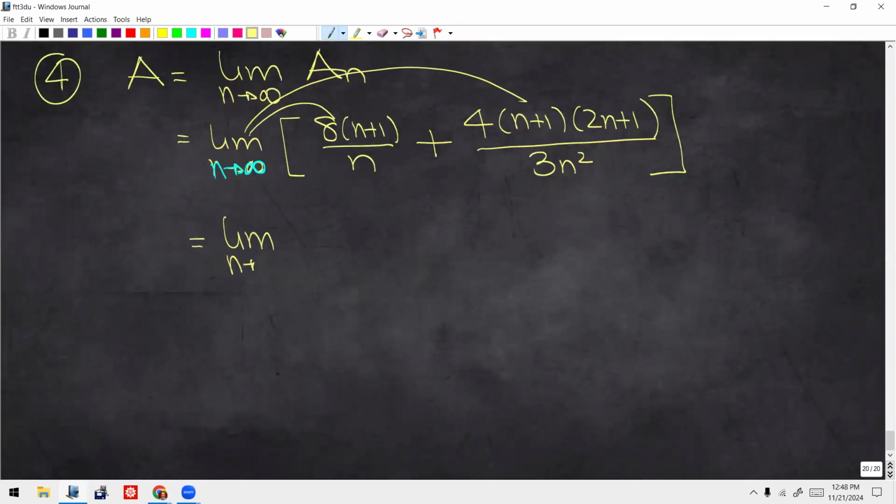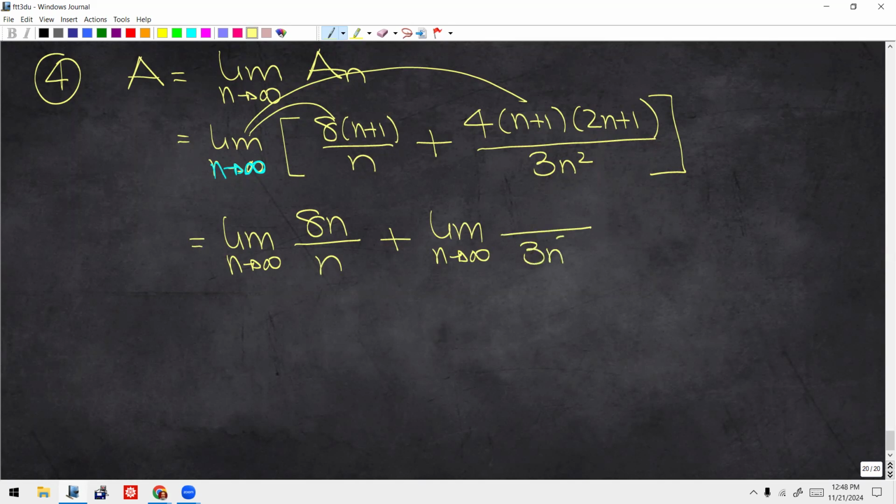So I'll distribute. What's the dominating term for the first one? 8n over n plus the limit. What's the dominating term in the bottom of the second one? 3n squared. And what's the dominating term on the top?